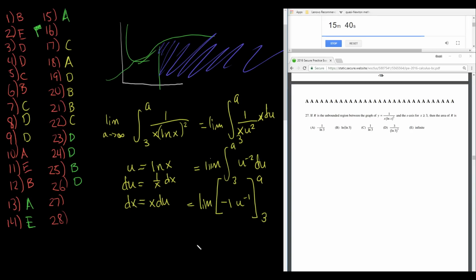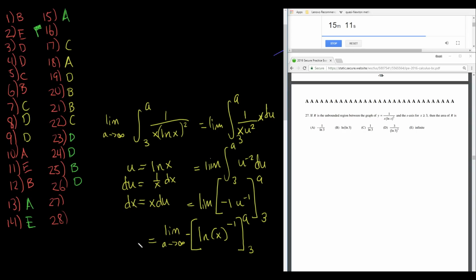And what that'll give us is, when we plug it back in, the limit as a approaches infinity of negative, so u to the negative 1, u is the natural log, so we have the natural log of x to the negative 1 power from 3 to a. So I'm going to get rid of some of this graph visual that I drew. All right, so yeah, we're coming way up here. So this is the same as, so negative, all right, natural log of infinity.